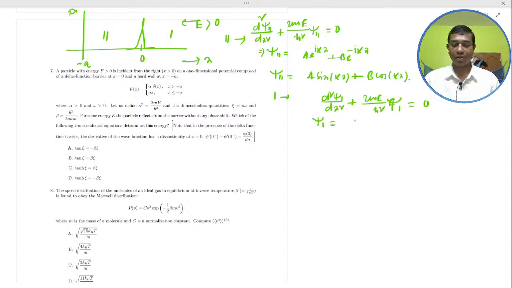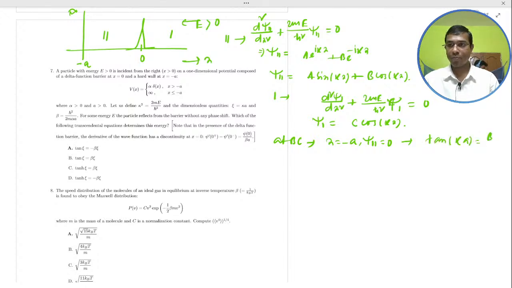That means psi 1 equals C cos kx. Apply the boundary condition. At x equal to minus a, psi 2 is 0. That means A sin kx plus B cos kx equals 0, so you get tan ka equal to B by A.